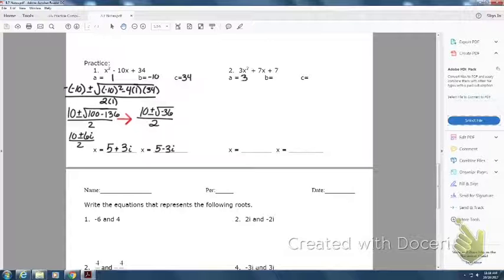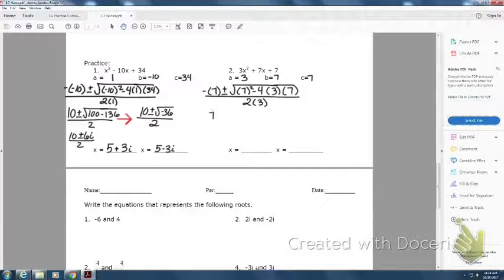Here's your A, B, and C, and also what it should look like once you've plugged it all in. I thought it was negative 7.